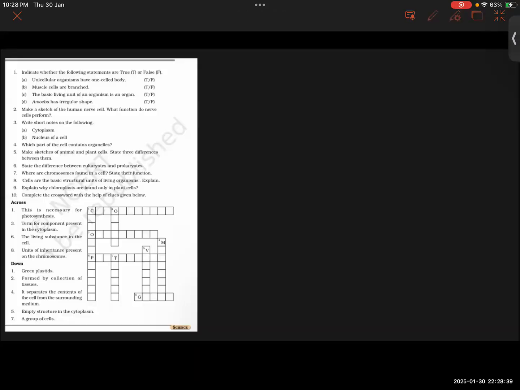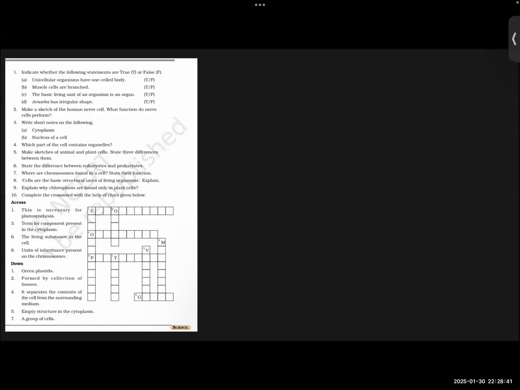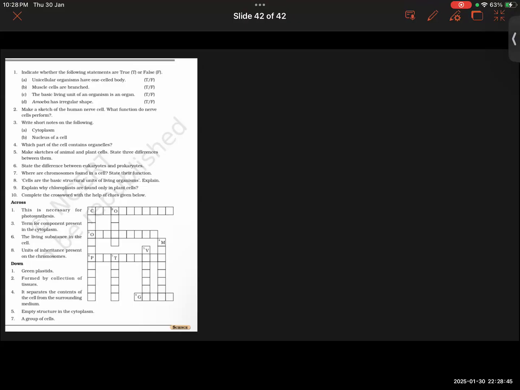Let's do these questions. Where did it go? 1 minute. Seems like my screen is stuck.